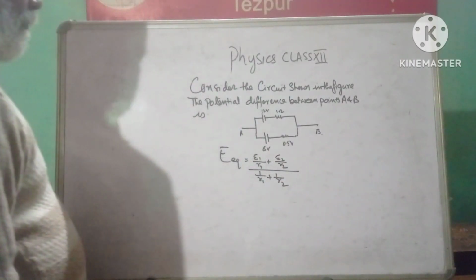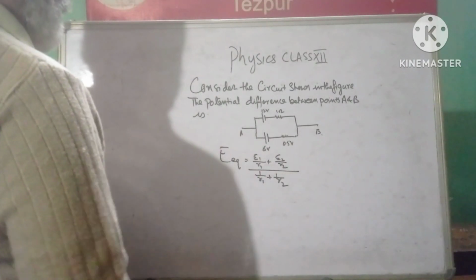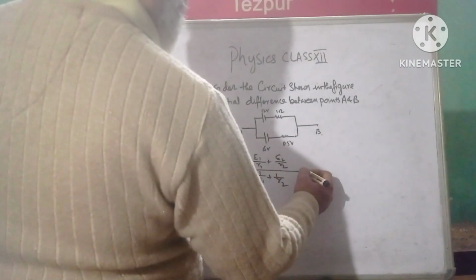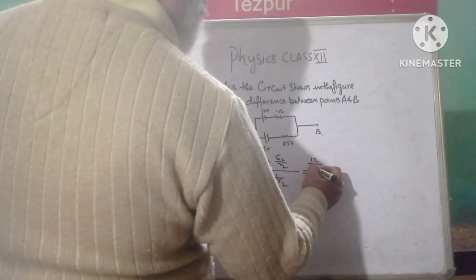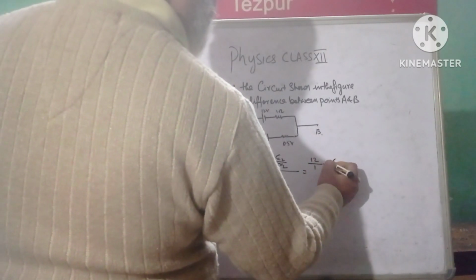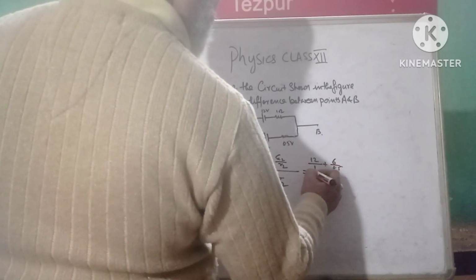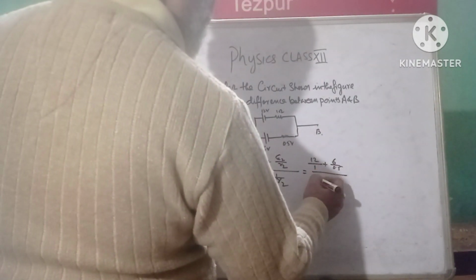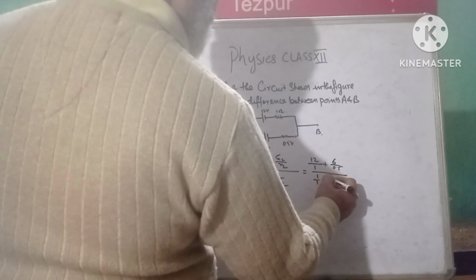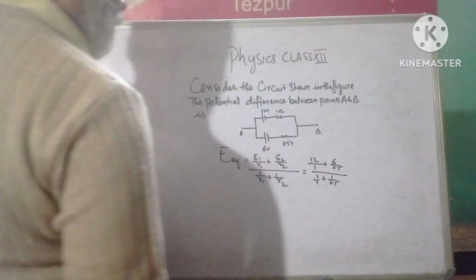I'm going to place the values here: 12 by 1 plus 6 by 0.5, divided by 1 by 1 plus 1 by 0.5.